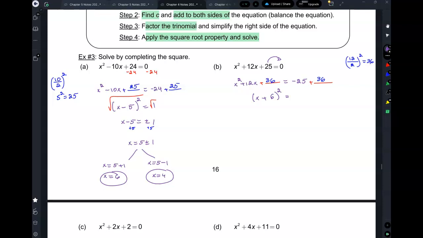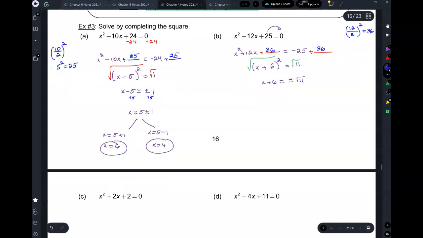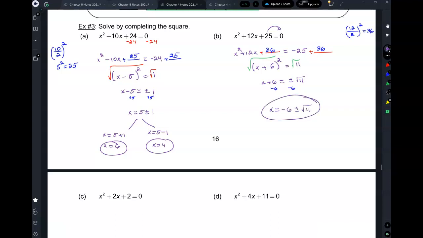So positive 11, right? Yeah. So positive 11. Let's take a square root. Okay. x plus 6 is plus minus root 11. Good. Now what do we do? Fabulous. So x equals negative 6 plus or minus root 11.